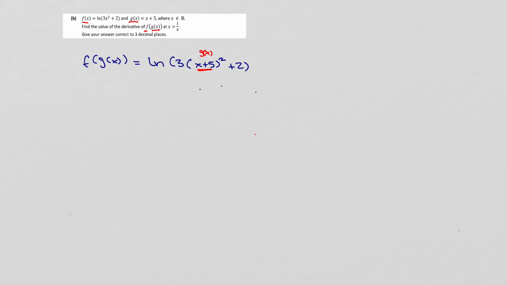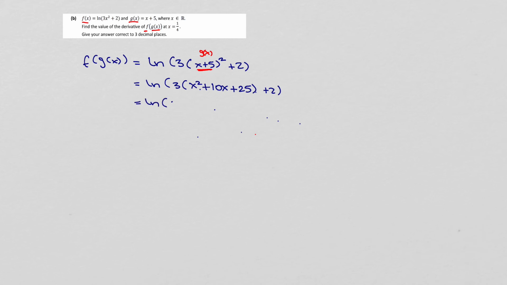So before I can go any further, I need to simplify that. So I'm going to have to square the brackets first. So x plus 5 squared. So square the first term, multiply them and double it. So 5 times x is 5x, and if I double that, I get 10x. And then square the second term, so 5 squared is 25. And then that's plus 2. So now I'll multiply by 3.